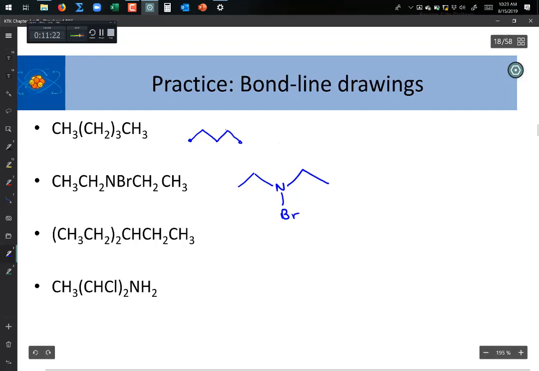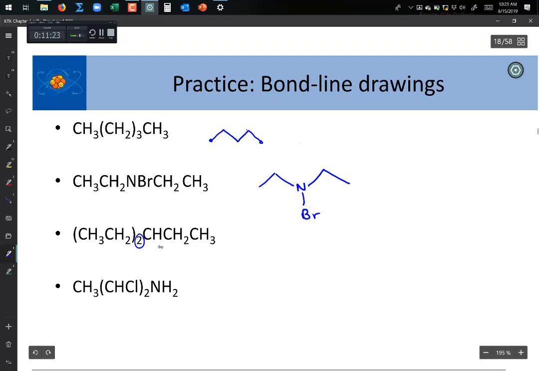So when you see something like this, one is part of the chain. I forgot the is. And then the other is a branch. That's what we call it.